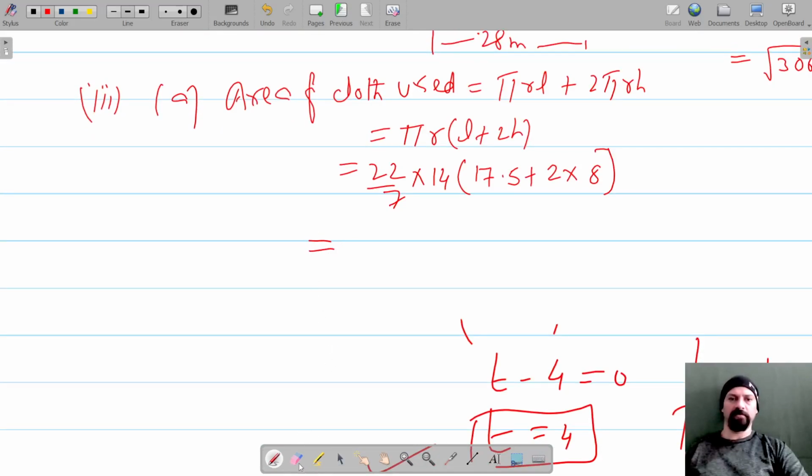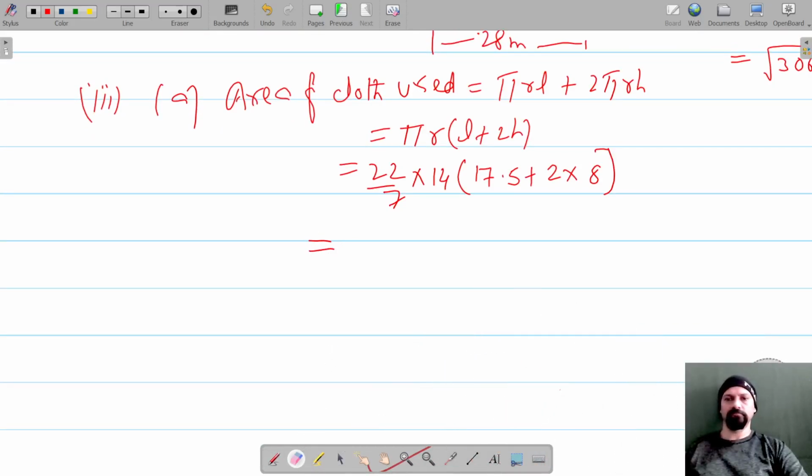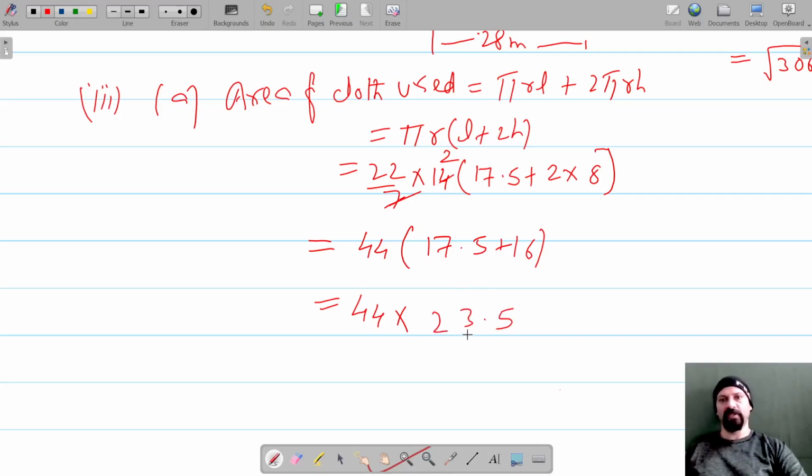So this is 44, and 17.5 plus 16 is 33.5. Okay, now 44 into 33.5. So this is 44 into 33.5, which gives me 1474 meters square.